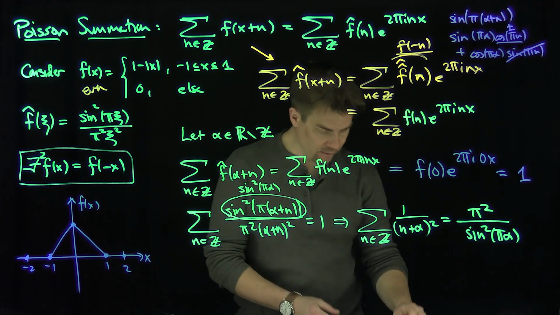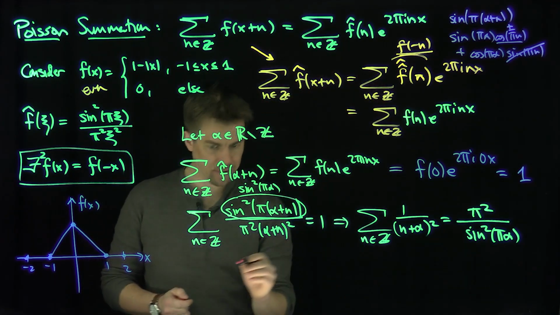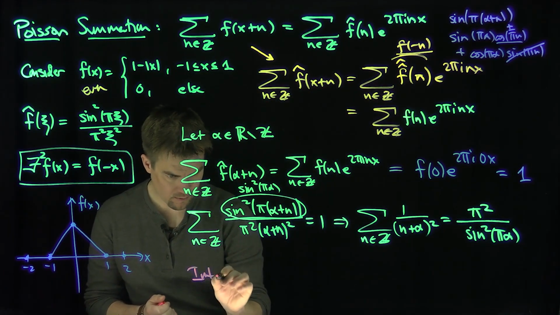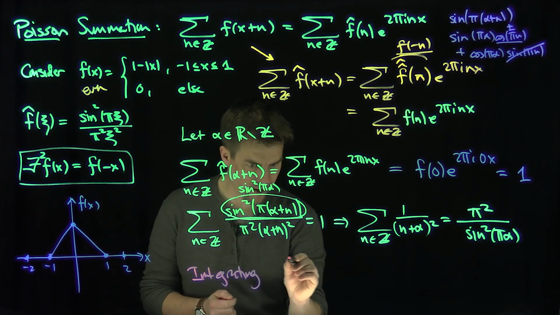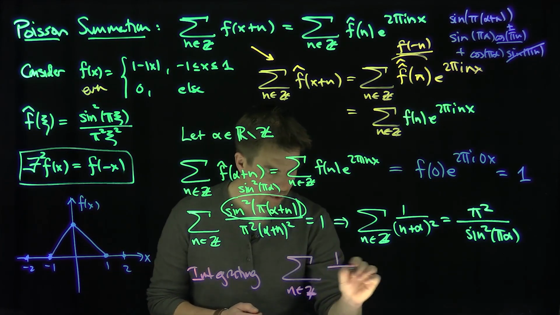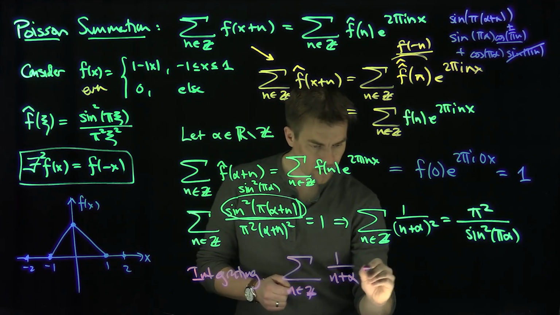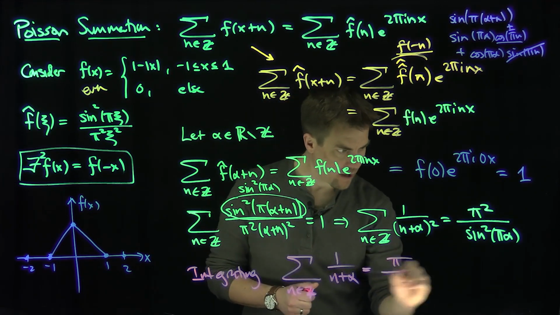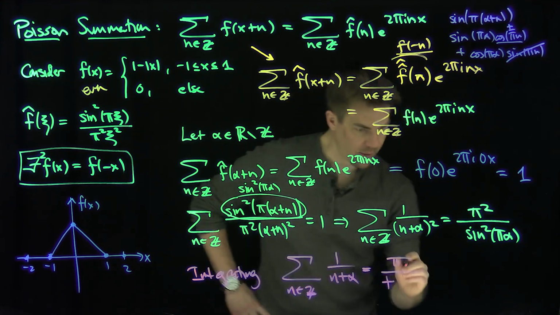Formally, we can conclude the following: by integrating this equation, we'll yield the sum over n in Z of 1 over n plus alpha, for alpha not an integer of course, is equal to pi over the tangent of pi alpha.